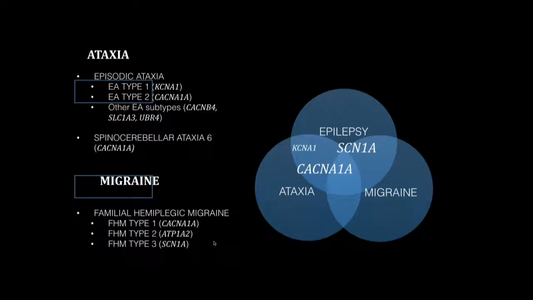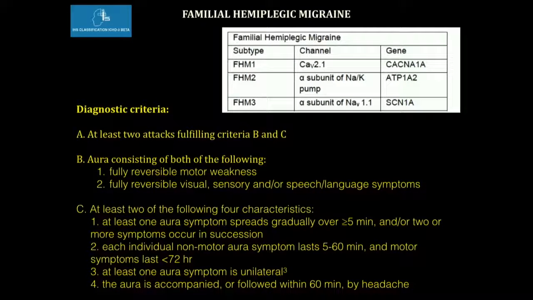Hemiplegic migraine, as you can see here, there are three subtypes which have been described and have been associated with different ion channels: calcium channel 1A, the alpha subunit of the sodium-potassium pump, the ATP1A2 gene, and with the gene we already mentioned, sodium channel 1A.